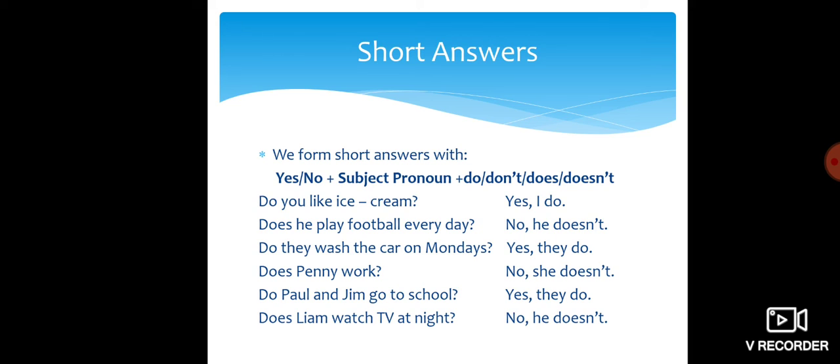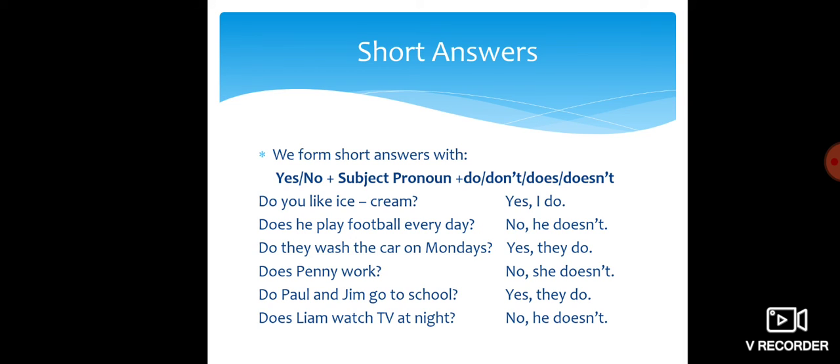For example, do you like ice cream? Yes, I do. Does he play football every day? No, he doesn't. Do they wash the car on Mondays? Yes, they do. Does Penny work? No, she doesn't.